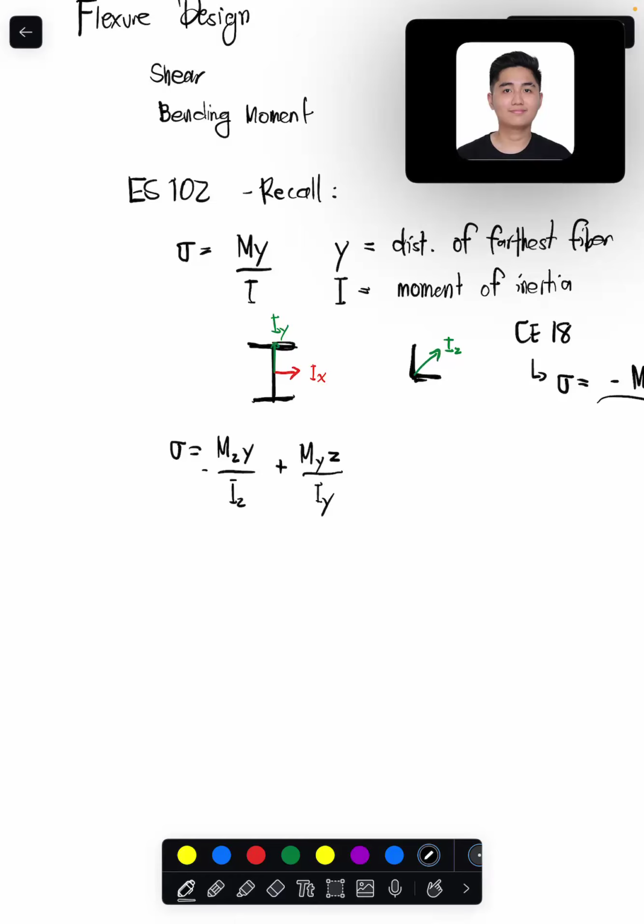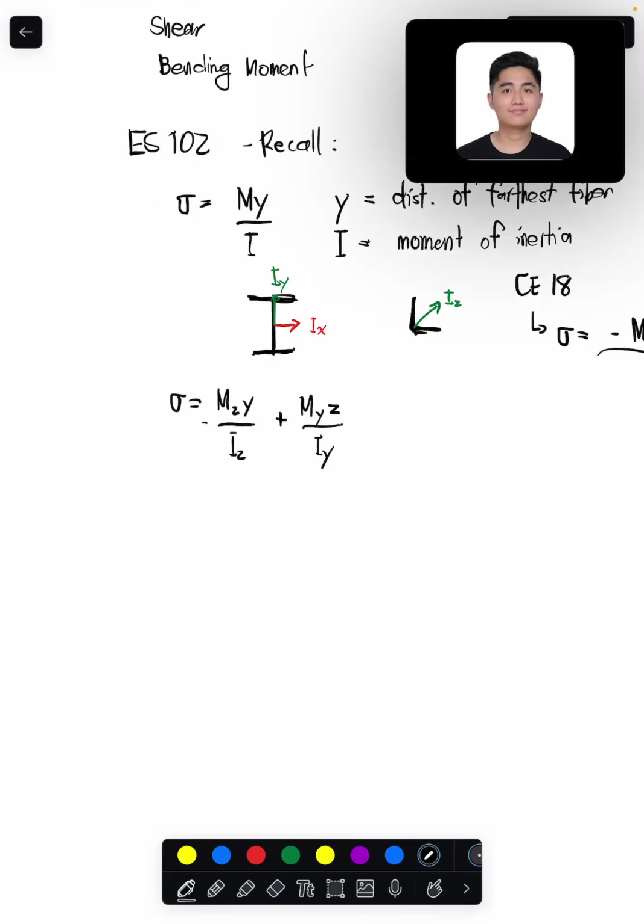So why in the first place kinukuha natin yung sigma or yung stress? Because ito yung magiging ultimate limit state natin. Supposedly, we want to determine whether yung beam mo is capable of handling all of the external forces.